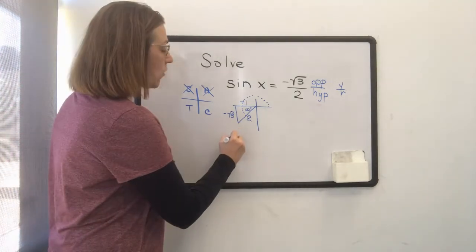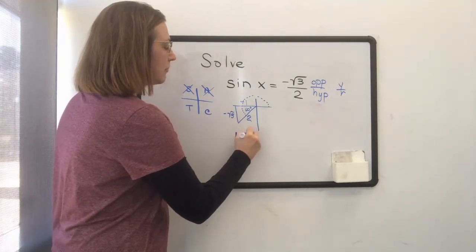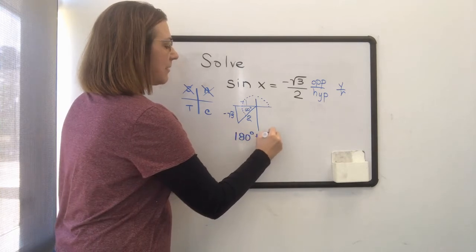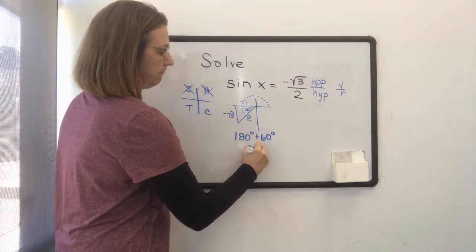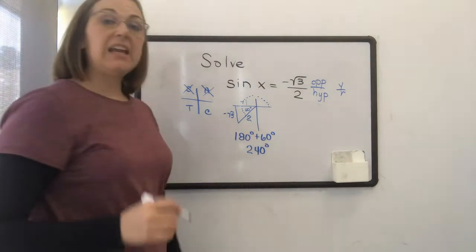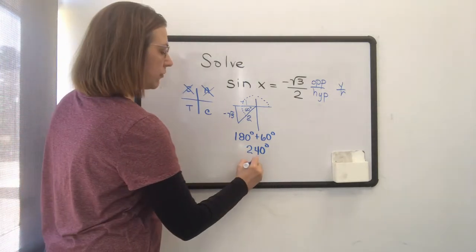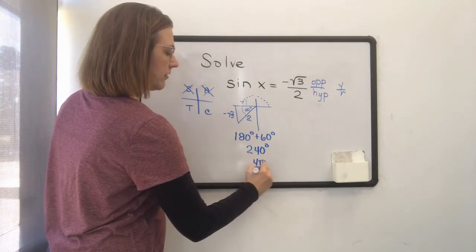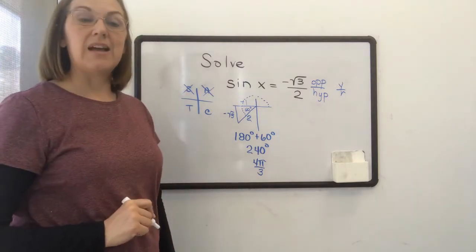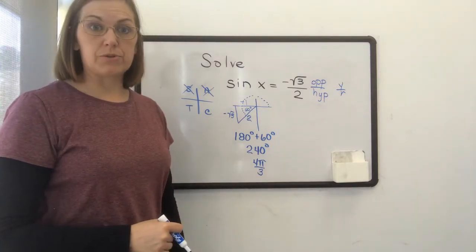We would add 180 plus 60 to get that measurement, which would be 240. If we're asked to answer in radians, I would answer with 4 pi over 3. That's just one of the answers.